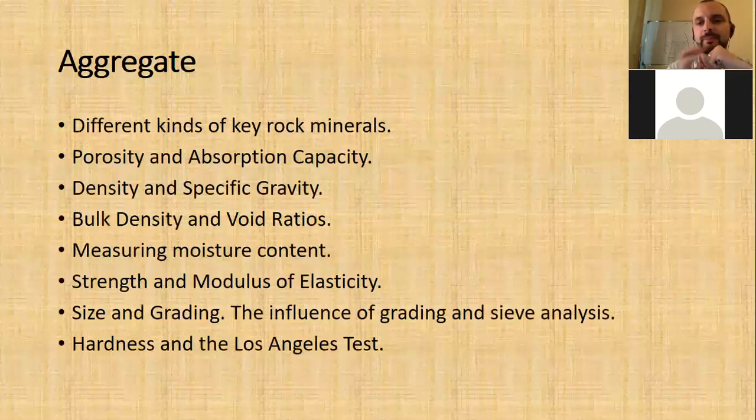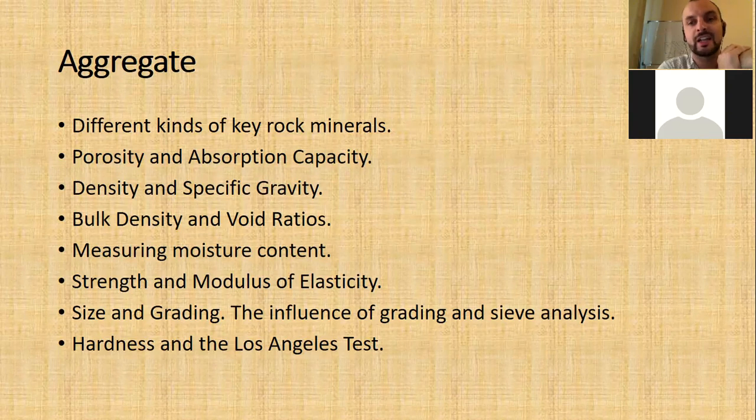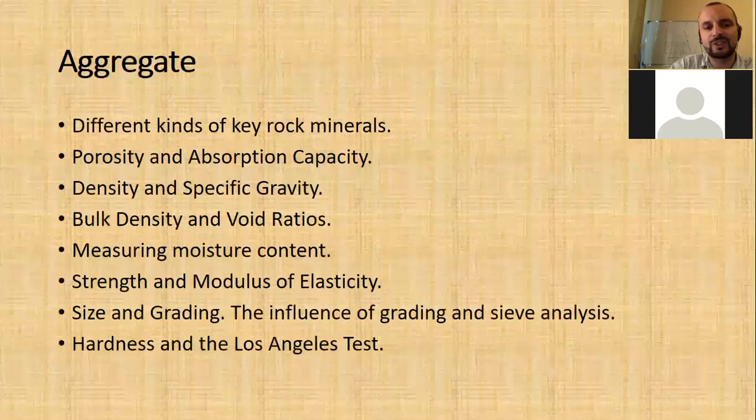With aggregate, because this was the first material we looked at, a number of different properties, which we then used in other materials as well. So we talked about certain kinds of rocks that are available. We talked about porosity, absorption capacity. We talked about density and specific gravity, bulk density, void ratios.